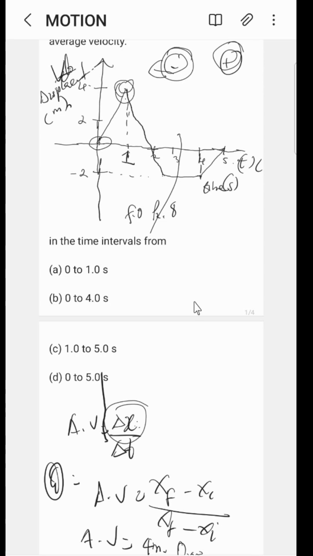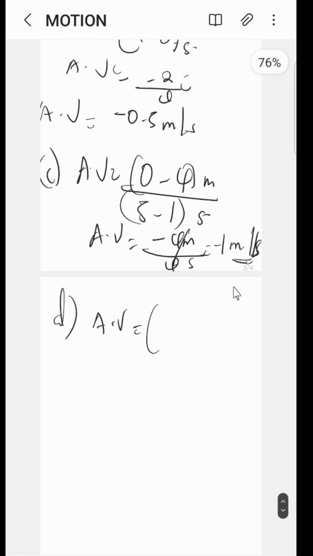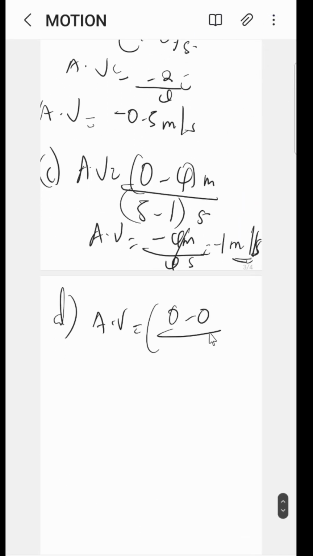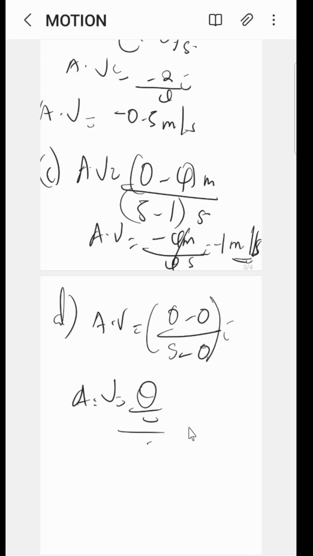Our initial time is 0, our final time is 5 seconds. Our initial displacement is 0, and our final displacement, sorry, is 0. So we have 0 minus 0 over 5 minus 0, which is just 0, right? AV for the last one is just 0. You can say 0 meters per second, it doesn't change much, but you can always stick to units.